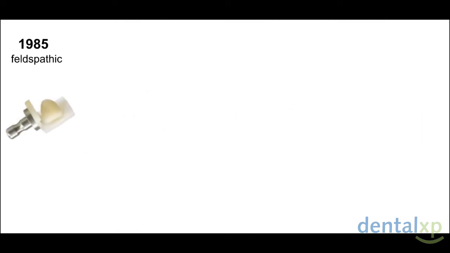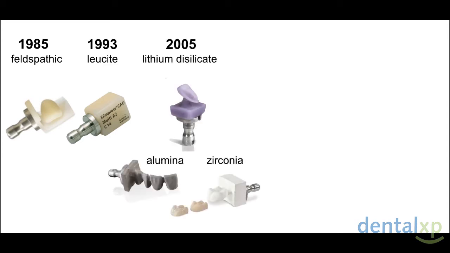But notice that this technique isn't really new, because in 1985, the first feldspathic blocks were already being milled. Later, in 1993, leucite blocks began to be used. In 2005, lithium disilicate and zirconia blocks for the structures were used for the first time.